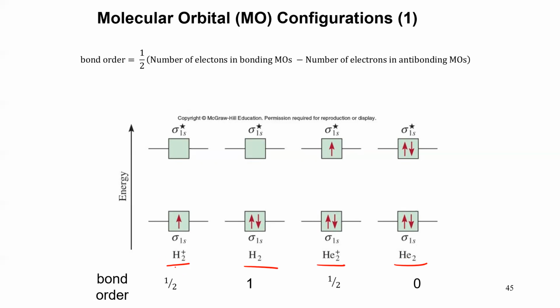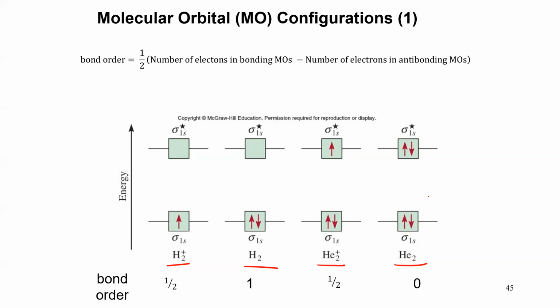So with H2 plus, we only start with 2 electrons, so when we lose 1, we only have 1 electron left. H2, that's the one we just saw, both electrons are in bonding orbitals. For He2 plus, we've taken away one of its 4 electrons, and so it only has 3 electrons. And then for He2, it's got all 4 electrons.